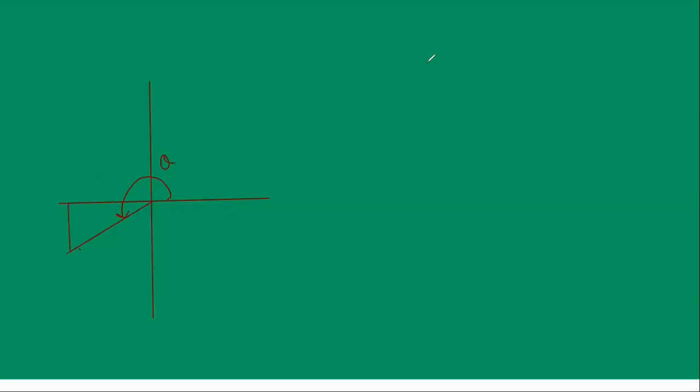Because in the third quadrant we are talking about the sine function, the ratio is perpendicular over hypotenuse. According to this angle, the front side will be the perpendicular. Let's name it: this is O, this is B and this is A. So the perpendicular is AB and the hypotenuse is the slopey side, that is AO. Hypotenuse is always positive. What is AB?